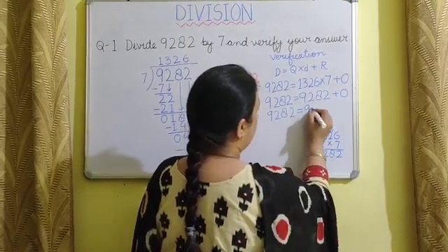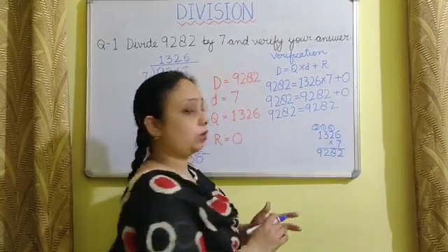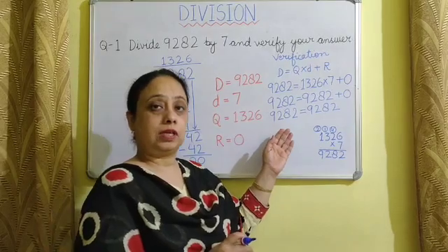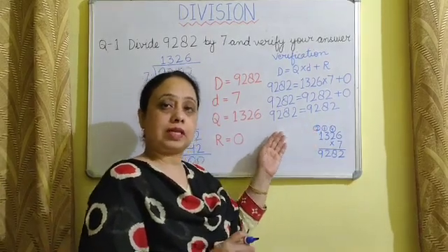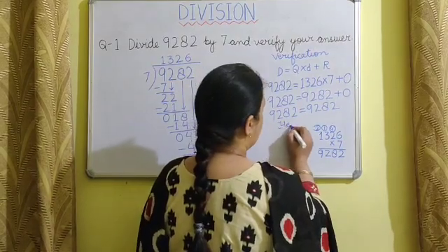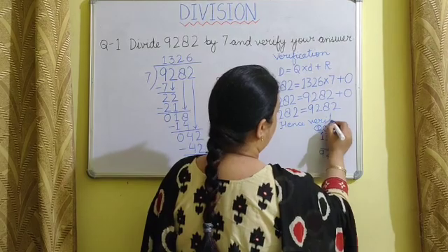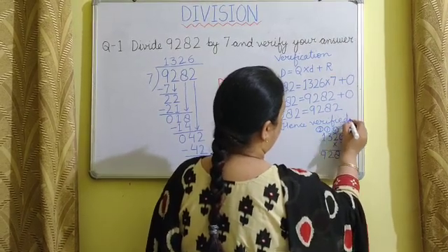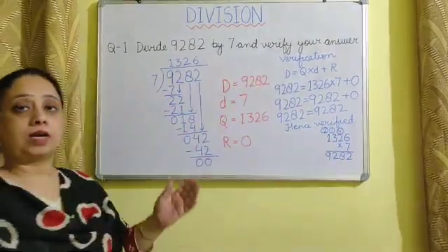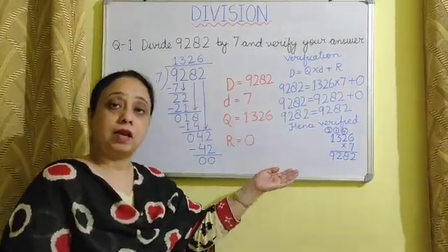So 9282 is equal to 9282, which is the same on both sides. So our answer is verified, and we'll write hence verified. This is how we are going to do the division, and after division we are going to check the answer.